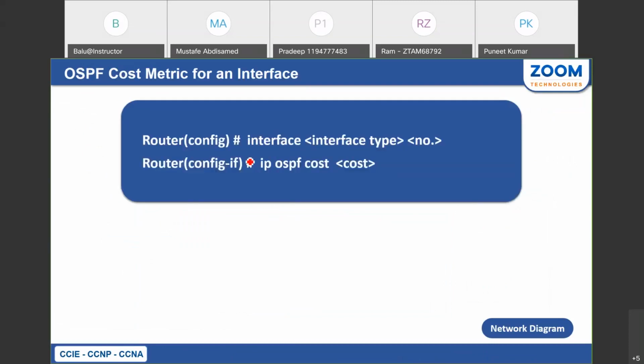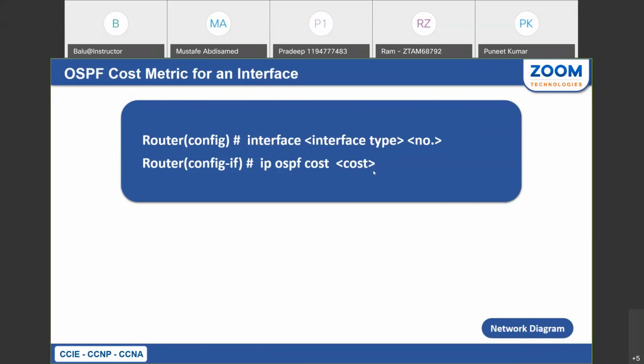This is the configuration command: OSPF cost metric for an interface. Interface serial number, ip ospf cost. For example, I have changed it to 120.